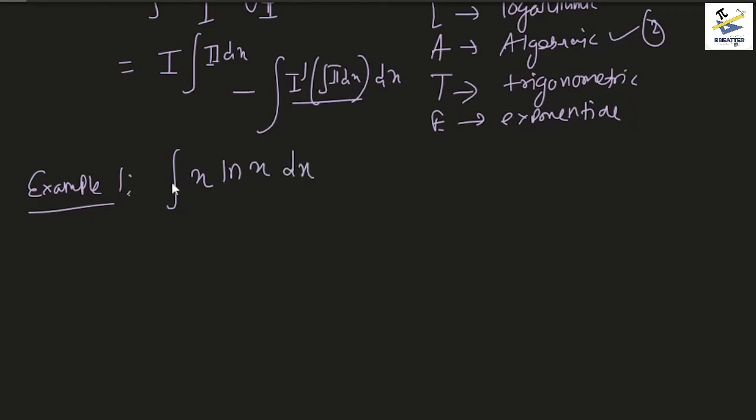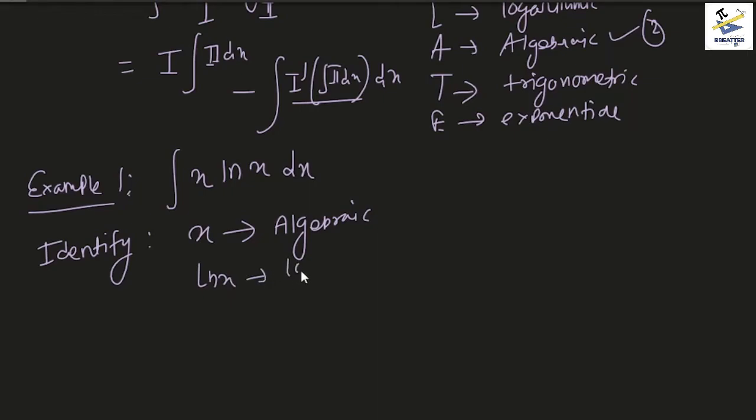Okay, so identify: x is an algebraic function, right? ln x is logarithmic. So which one is more up the list? Obviously L, right? So log should be treated as the first function and x should be treated as the second function. So denote the integral by I.